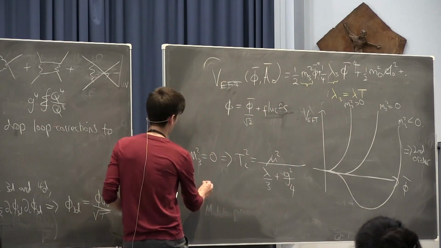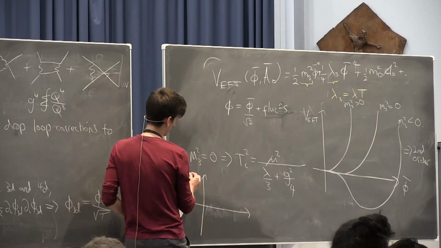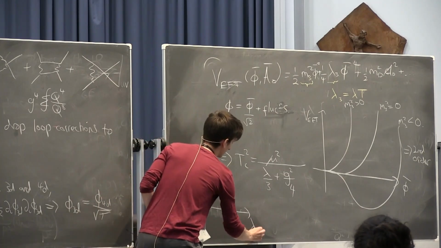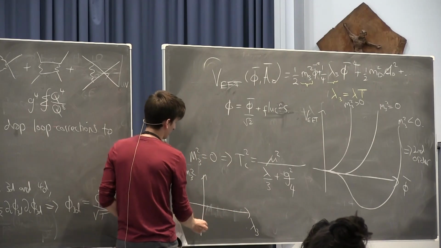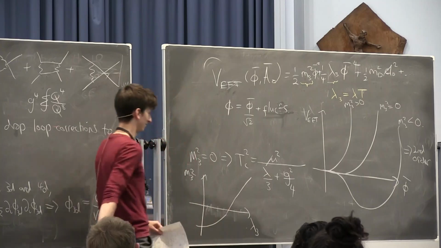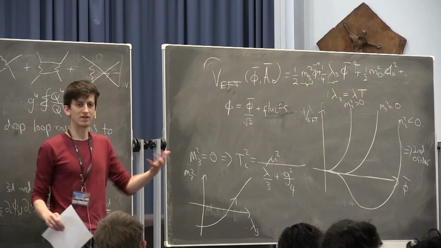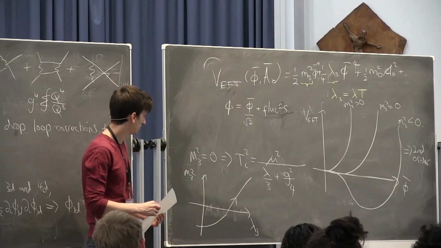So if I have the parameters m3 squared and lambda 3, lambda 3 grows with temperature, m3 grows with temperature, it looks something like this. So a given 4D model will give you a line in this parameter space.